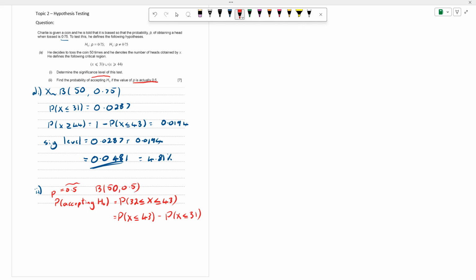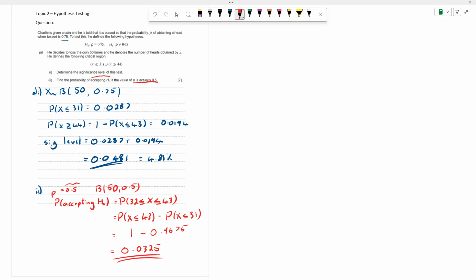I'm not using 0.75 this time. So if I type in less than or equal to 43, I get 0.999999996, which rounds to 1. If I type this in my calculator, I get 0.9675, and I'm going to take them away. So I get 0.0325 as my final answer.